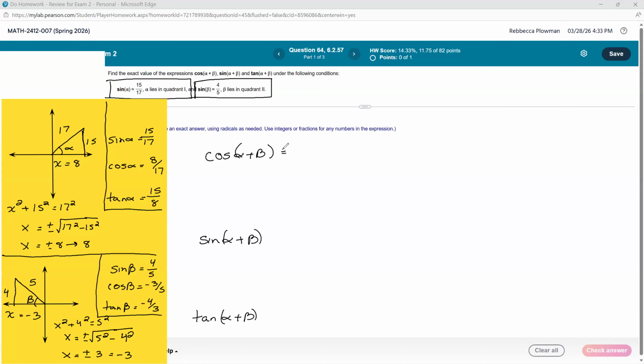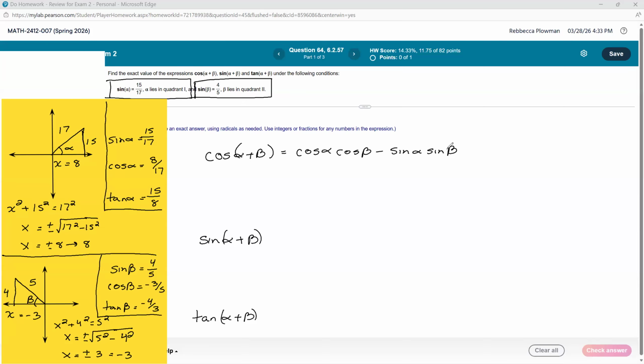So once again, we know that cosine of alpha plus beta is going to be cosine alpha cosine beta minus sine alpha sine beta.